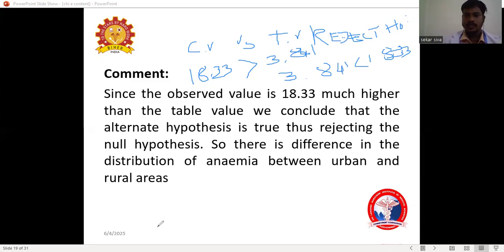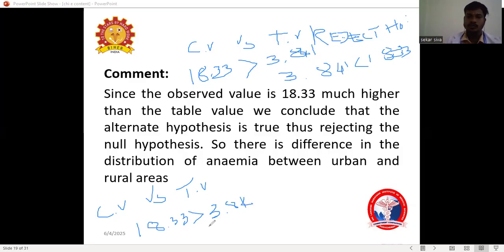Okay, are we clear about how to make this comment? We have a calculated value versus table value. We know the calculated value 18.33 is more than the table value, that is 3.84.